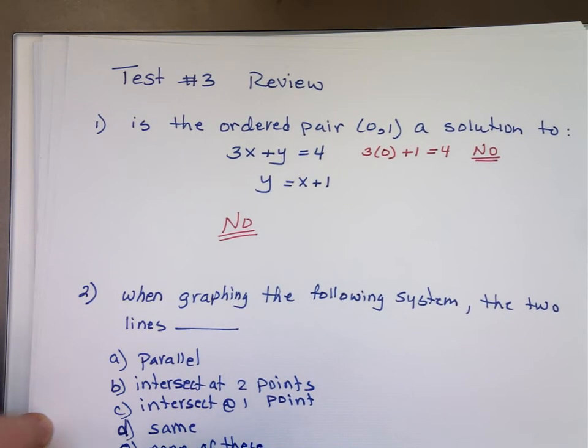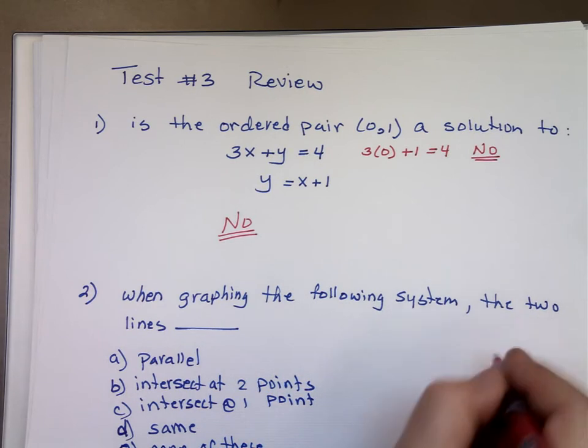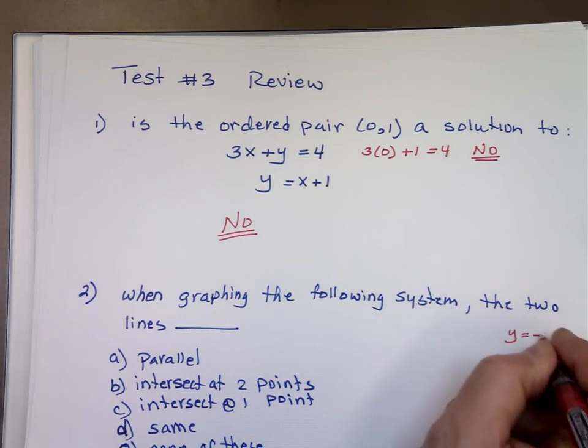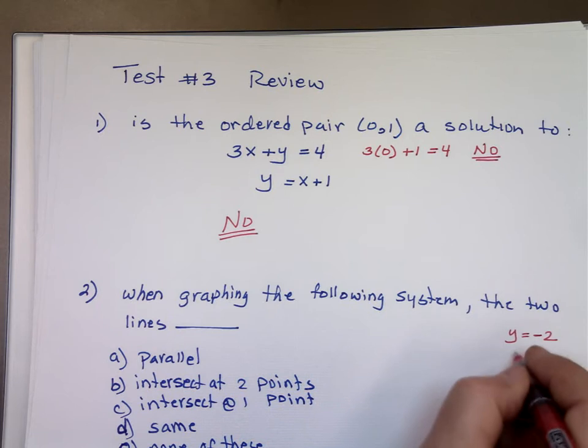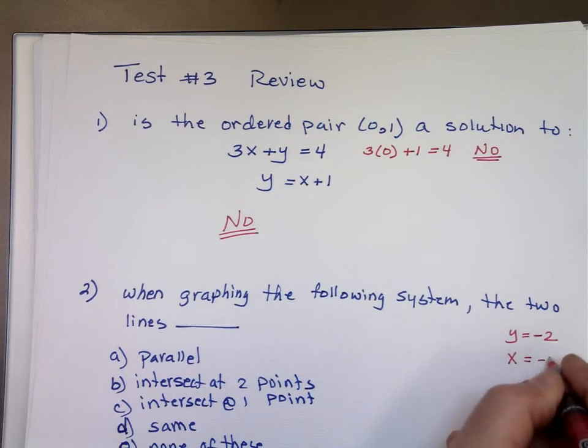And let me give you the two equations, because I never gave you the equations. So here's my system. The first equation, y equals -2. The other one, x equals -4.